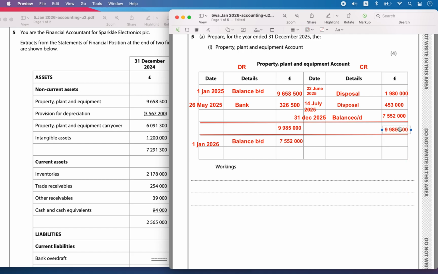And on this side the total has to be the same: 1,980,000 plus 453,000 plus 7,552,000 is equal to 9,985,000. So this is how you will do the proper account.